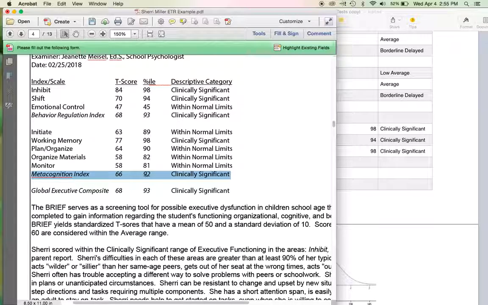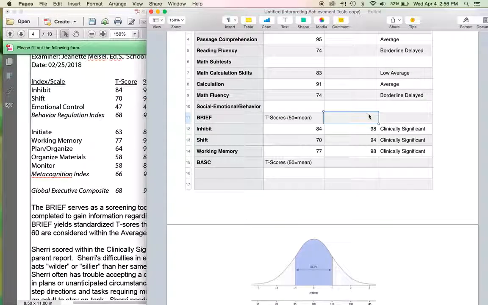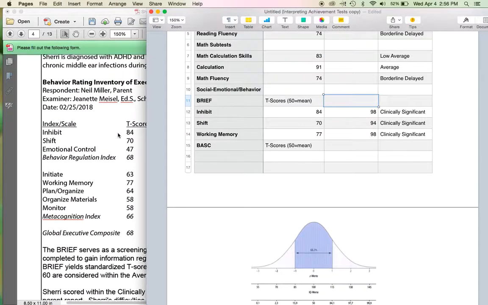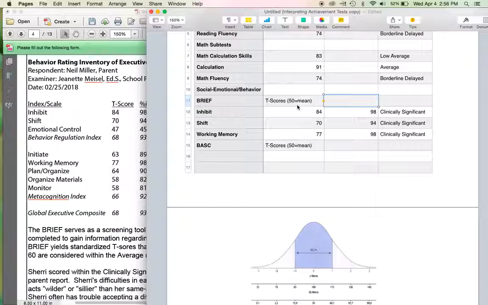So like here and here, here's a composite score. Again, I'm going to consider those and just be aware of them. But as far as what I'm going to write down and put in my table, I'm just going to focus on the sub areas. And I'm just going to focus specifically on the ones that are significant. So I'm going to write down here that we're working on the BRIEF test. And I just reminded myself that it's a T score and has a mean of 50.